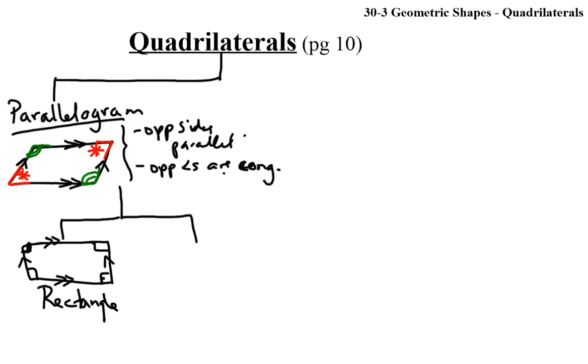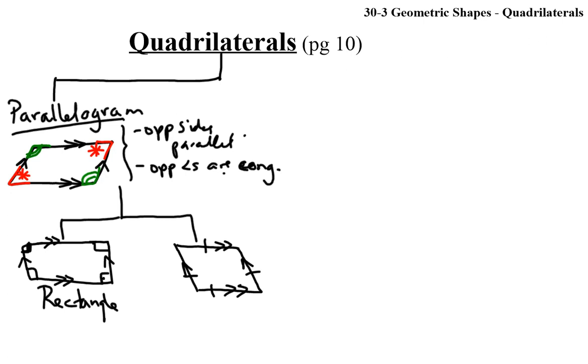The other one is, I'm not sure how well I can draw it. This is not a good drawing. But this is why, again, we use symbols if we can't draw it well. So what we have here is a special parallelogram. Again, sides across from each other are parallel, but in this case, what else is important is that all the sides are the same.